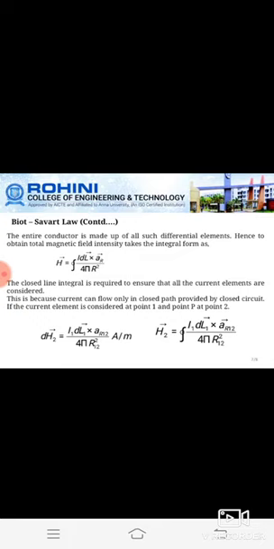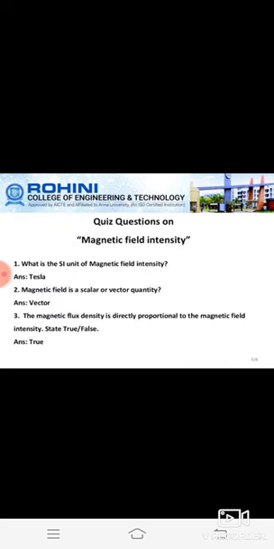So we write this equation as H2 is equal to the integral of I1 dL1 cross AR12 divided by 4 pi R12 square, and the unit is ampere per meter. This integral we call the Biot-Savart law.